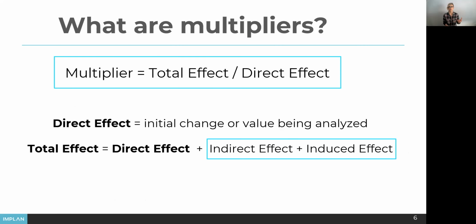Okay. So as we saw in the previous slide, the multiplier is the total effect divided by the direct effect. The direct effect is the initial change or value being analyzed. So it could be the current output of agriculture in a region, or it could be a change like this new car manufacturing plant locating in a region.